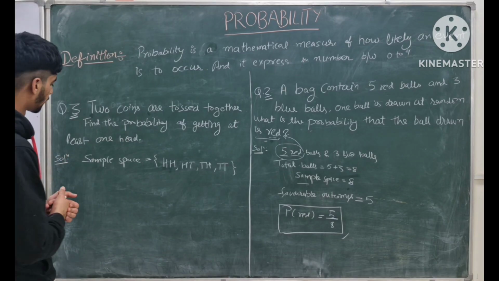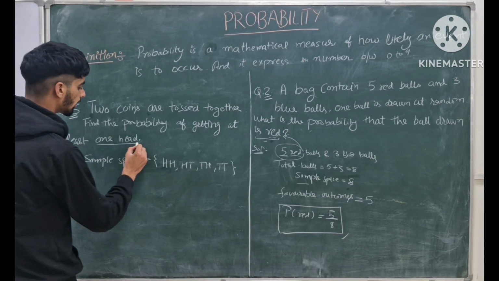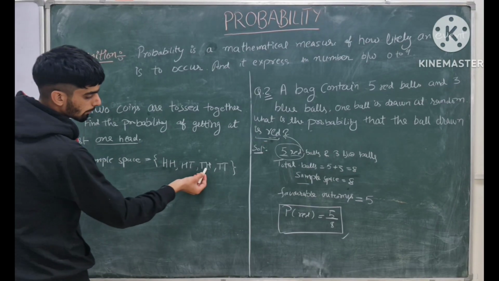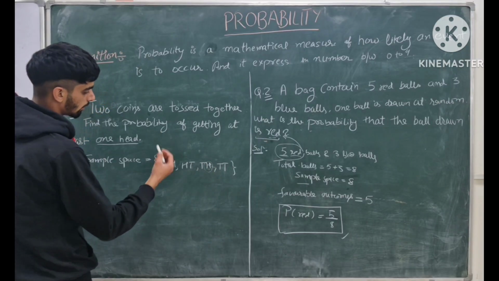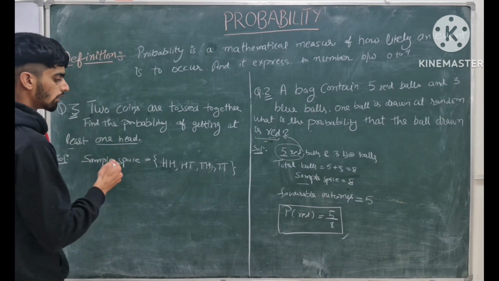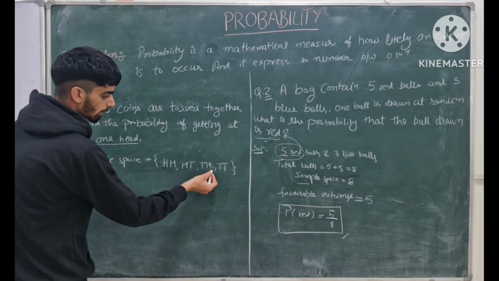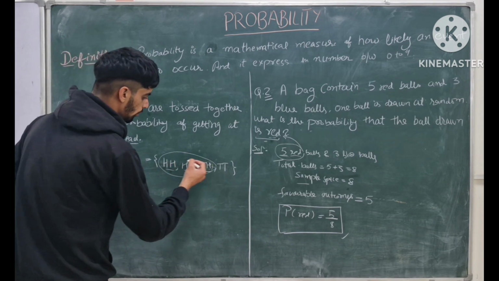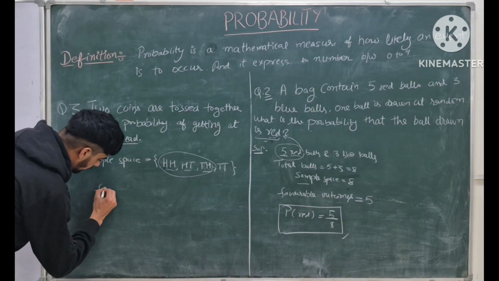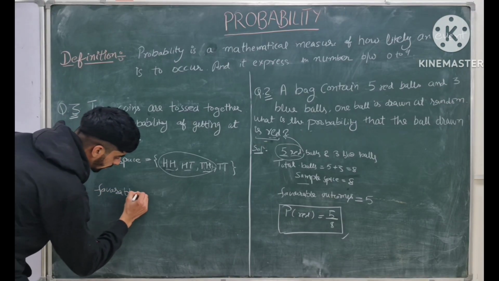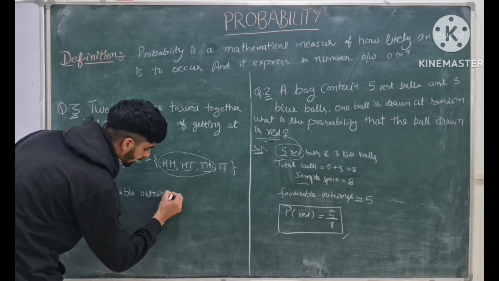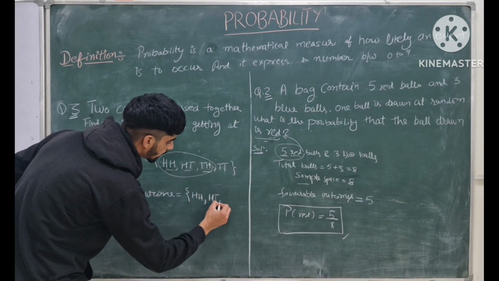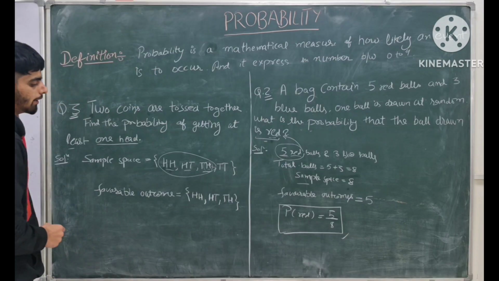And now what we want is getting at least one head. At least one head means that the minimum number of heads is 1. Here, in the sample space, there are three outcomes with at least one head. So our favorable outcomes will be head-head, head-tail, and tail-head.